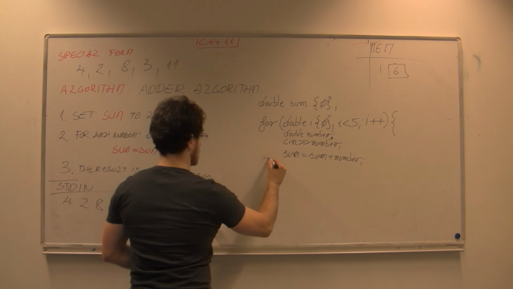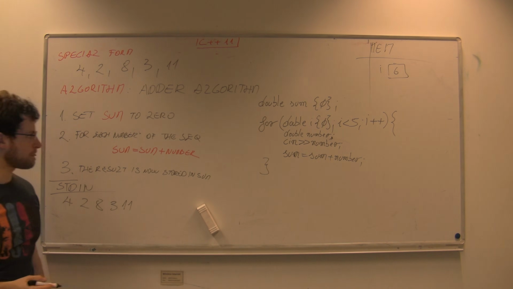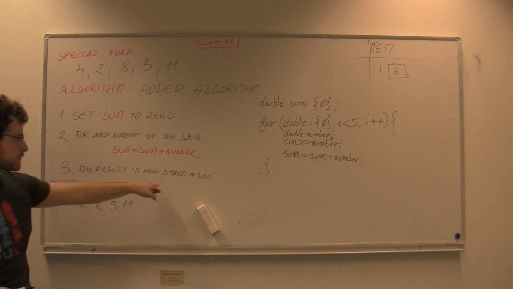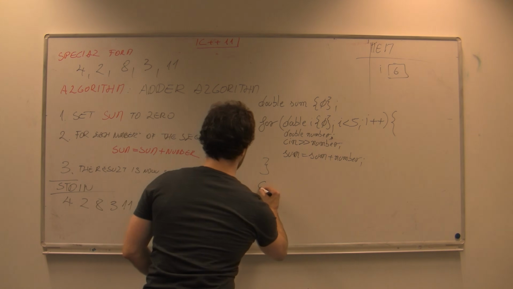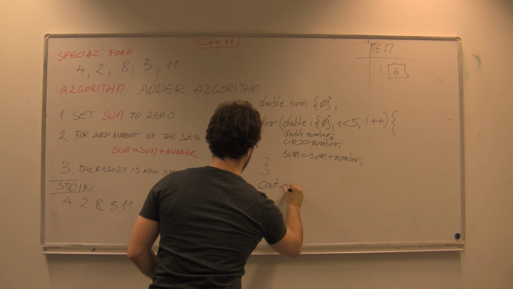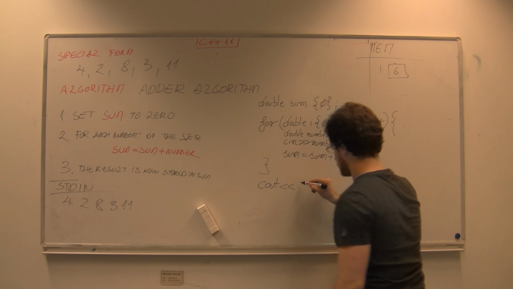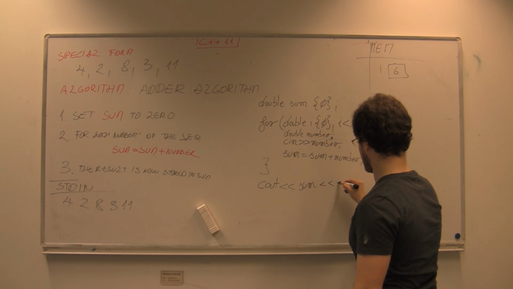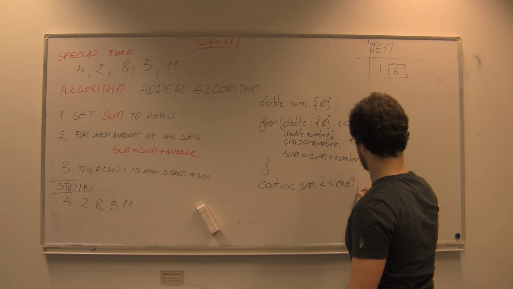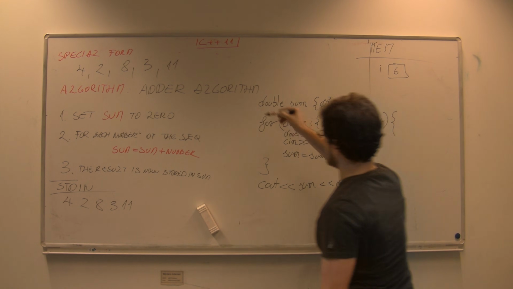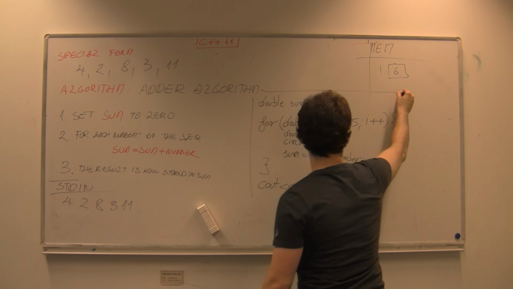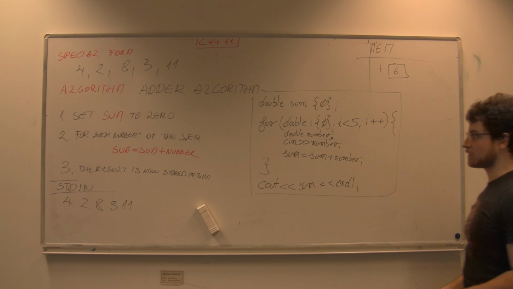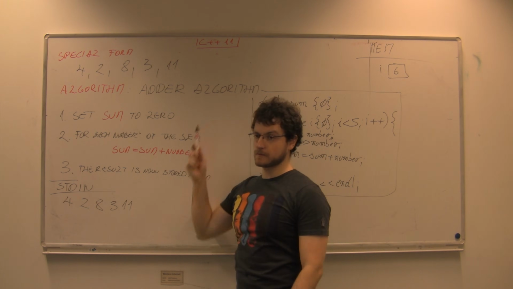And this expresses our second step. The first step says that the result is now stored in sum, so we can print it out. You can print out the value of the variable sum. And this here is the C++ incarnation of the adder algorithm.